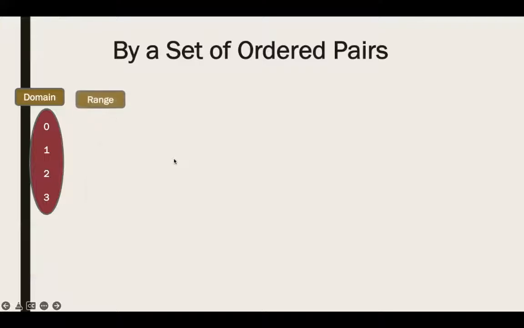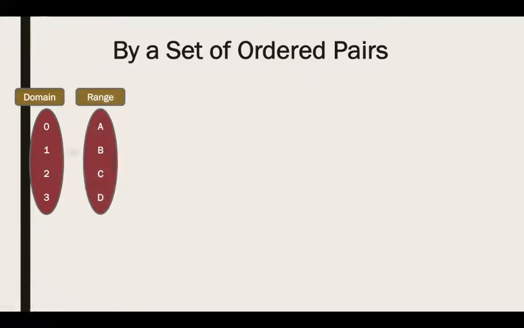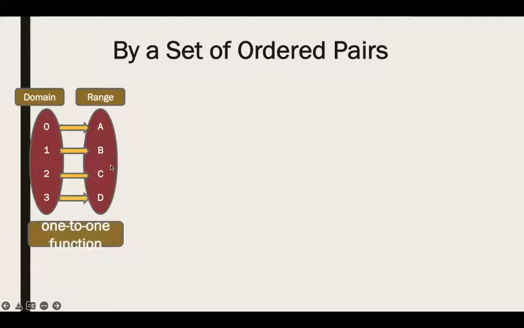So here is an illustrative example. We have the domain and the range. This is a mapping. This is a one-to-one function, where each element of your domain is mapped to exactly one element of the range.